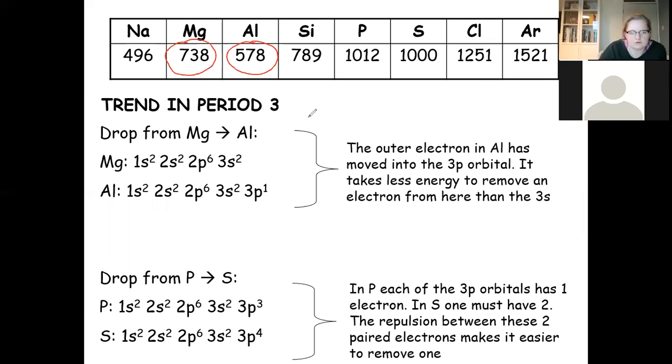So I'm just going to label this one as subshell. Oh, that's not how you spell shell. Subshell. Okay, so what happens is our outer electron in aluminium has moved into our 3p orbital. So it takes less energy to remove an electron from here than it does in 3s.